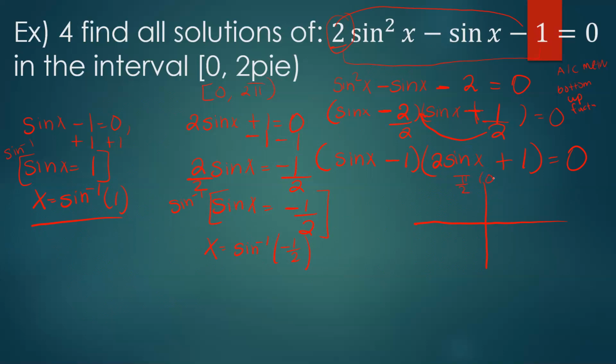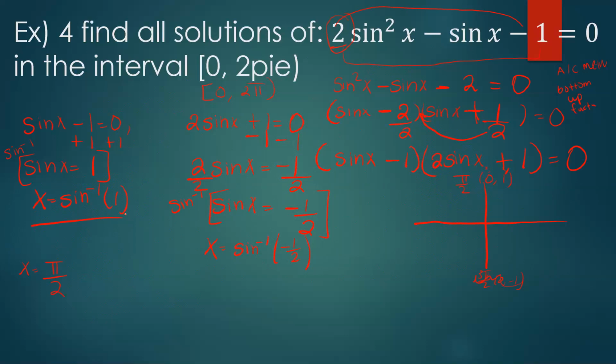Because pi over 2 has a coordinate of (0, 1), and remember, sine is the same thing as y. So one of our answers is going to be pi over 2, or you could say 90 degrees. Do not use 3 pi over 2 because that has (0, negative 1), so that won't work.